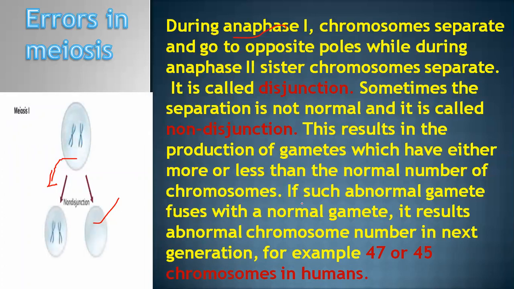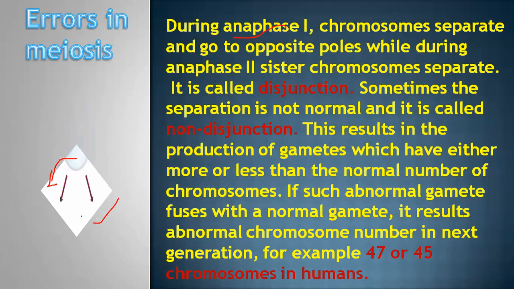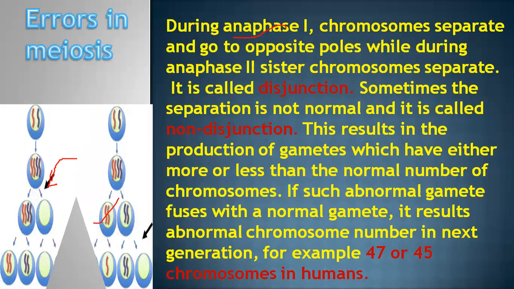So in such abnormal gametes, you can see non-disjunction in two stages, at meiosis 1 and at meiosis 2. In meiosis 1, the whole set of chromosomes does not separate and just transfers to one side, and the other has none of that set of chromosomes.